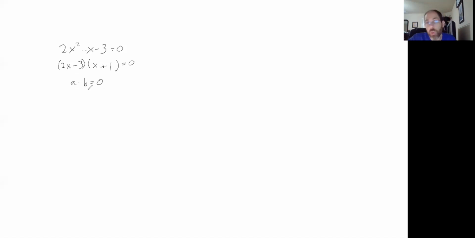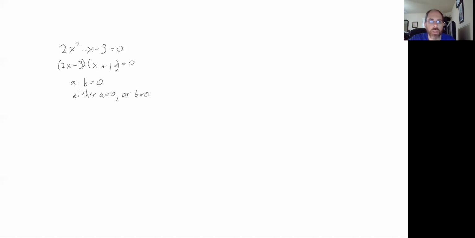One of these things, or perhaps both of them, must be 0. I know either a is equal to 0 or b is equal to 0. That's the only way to multiply two things together and get 0. Either a is equal to 0 or b is equal to 0. So that's exactly the situation I have here. Let's call this 2x minus 3 a and x plus 1 b.